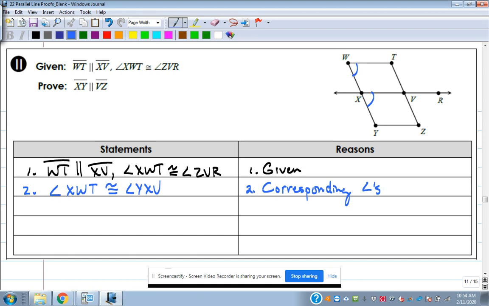And if XWT is congruent to ZVR from the given, and XWT is congruent to YXV, then angle ZVR has got to be congruent to angle YXV, right? Through the transitive property.